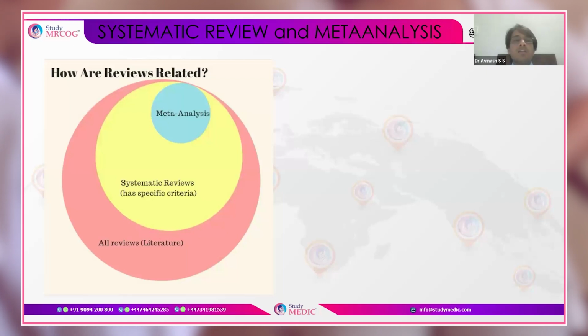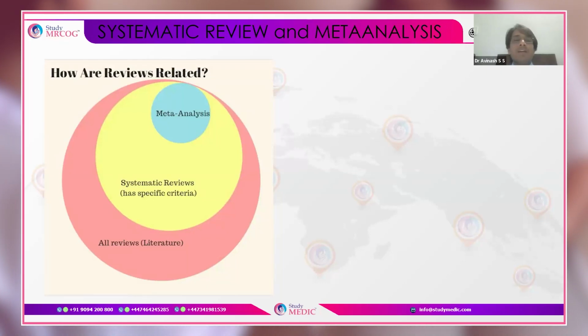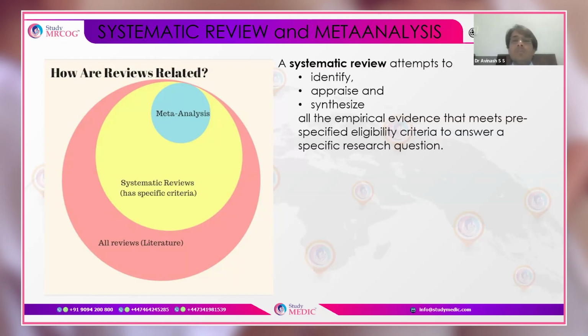Now, several such RCTs or case-control or cohort study designs can be collected and reviewed. So what is a systematic review? We identify and appraise these study designs, either case-control, cohort, cross-sectional, or RCTs. Then we synthesize all the empirical evidence that meets pre-specified eligibility criteria to answer a specific research question.